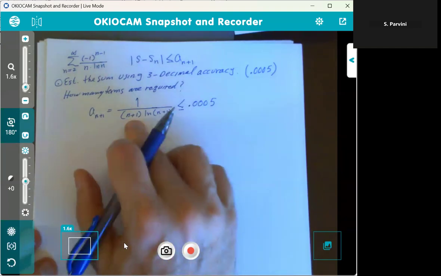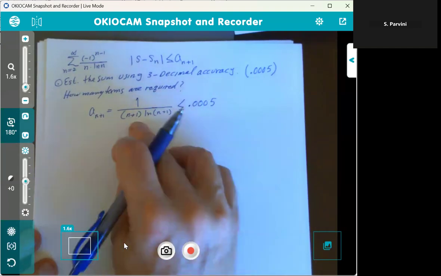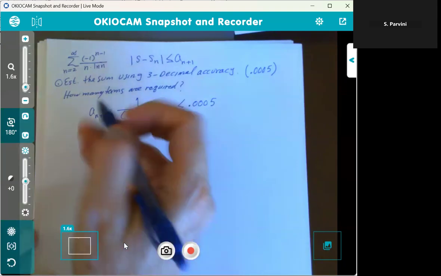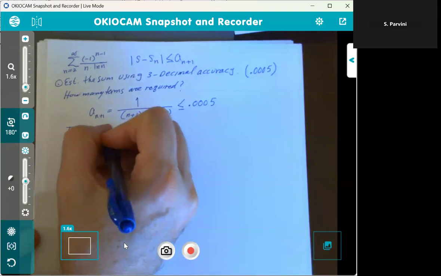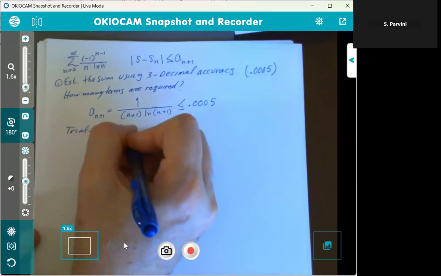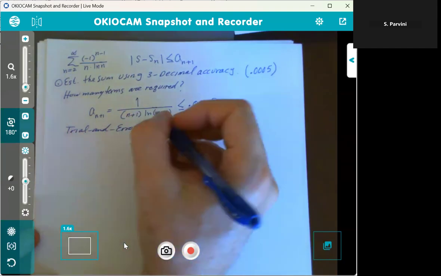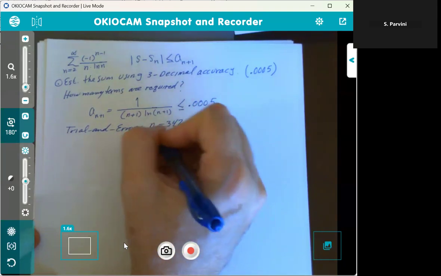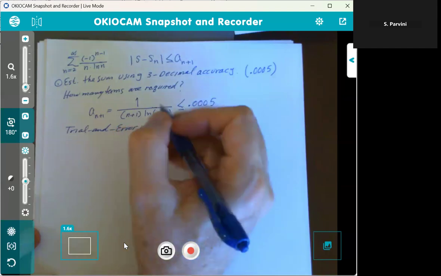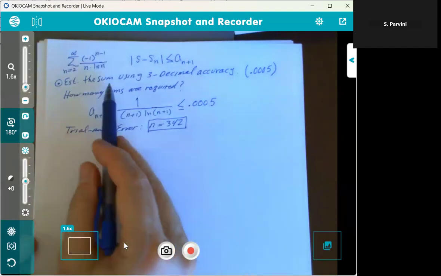Now, at this point, I don't really know how to solve this. So I'm just going to say by trial and error, or guess and check, we're going to see that n is going to be 342. And that is why I changed my mind. I don't want to estimate the sum.